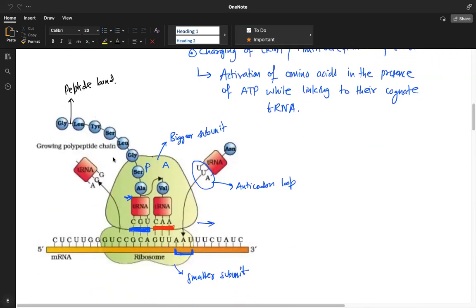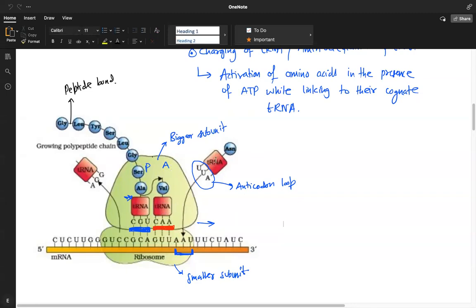In the process of translation, as you can see, there are two sites, A and P, which are marked by red and blue here, in the ribosome's bigger subunit. The smaller subunit of the ribosome binds to the mRNA, and then a tRNA carrying a particular amino acid comes and sits at the A site first, reads the code, and then the ribosome shifts, and the tRNA shifts to the P site.